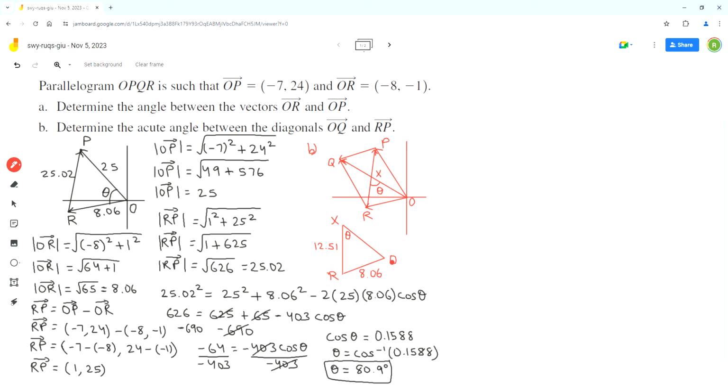Now we have to find the length of side OX, and for that we need vector OQ. So let's start by finding vector OQ.